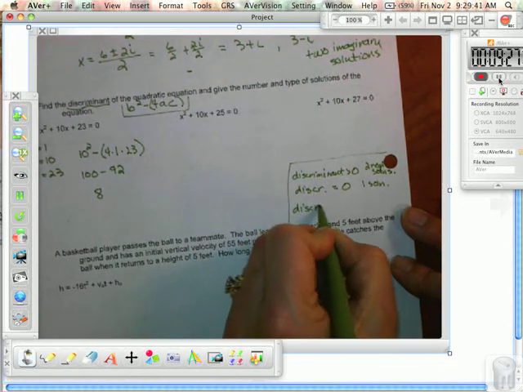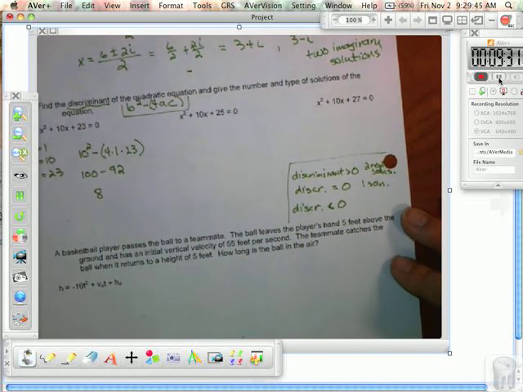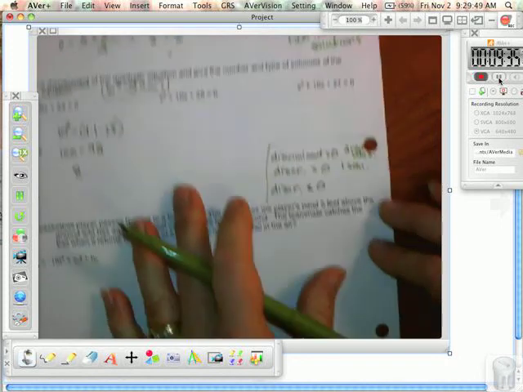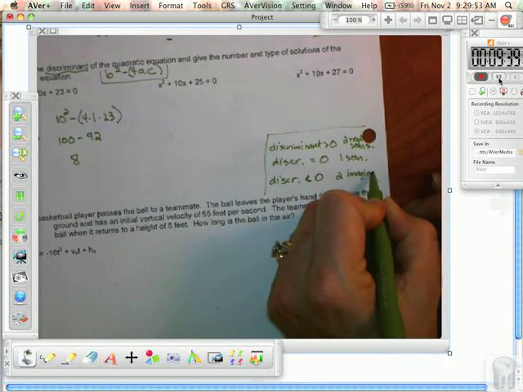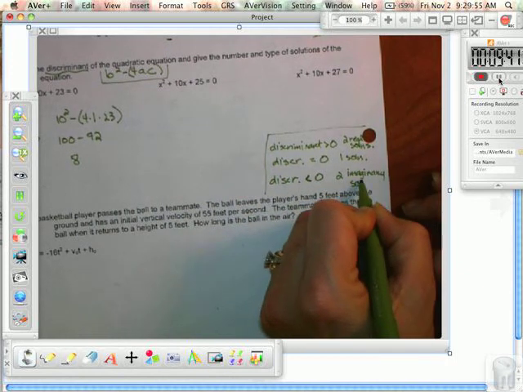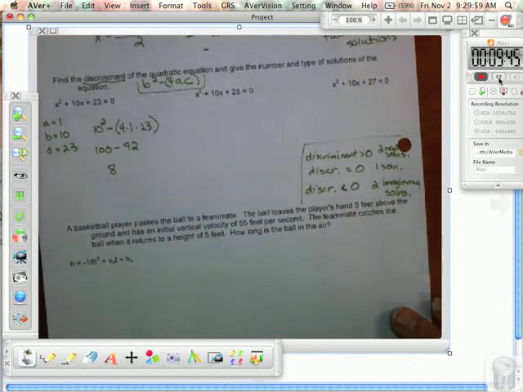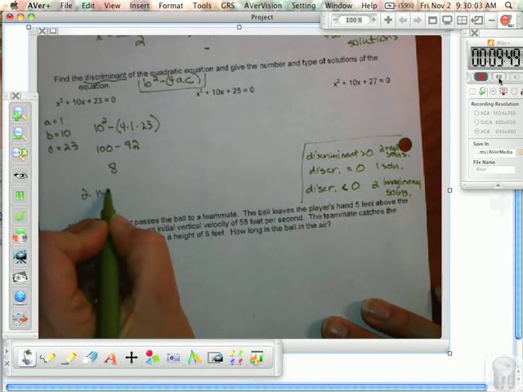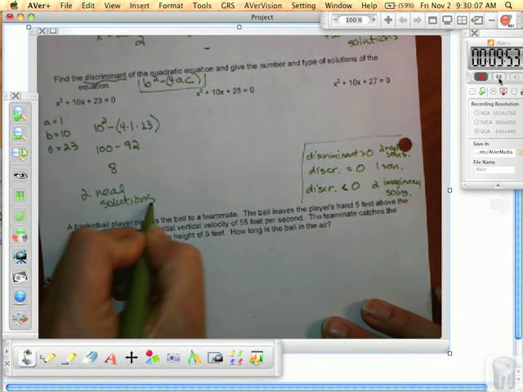If the discriminant is less than 0, then what do you think you get? You get these 2 imaginary solutions. Okay? So this turned out to be greater than 0 or positive, so I can say 2 real solutions here.